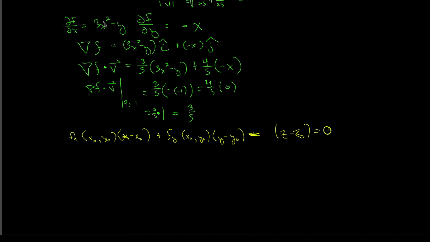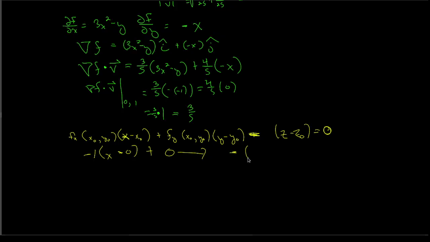So we found our partial of f with respect to x here. We'll evaluate it at the point (0, 1), and that's going to give us negative 1 times (x minus 0), plus 0 for the y portion of it, because this zeroes out the whole y portion.